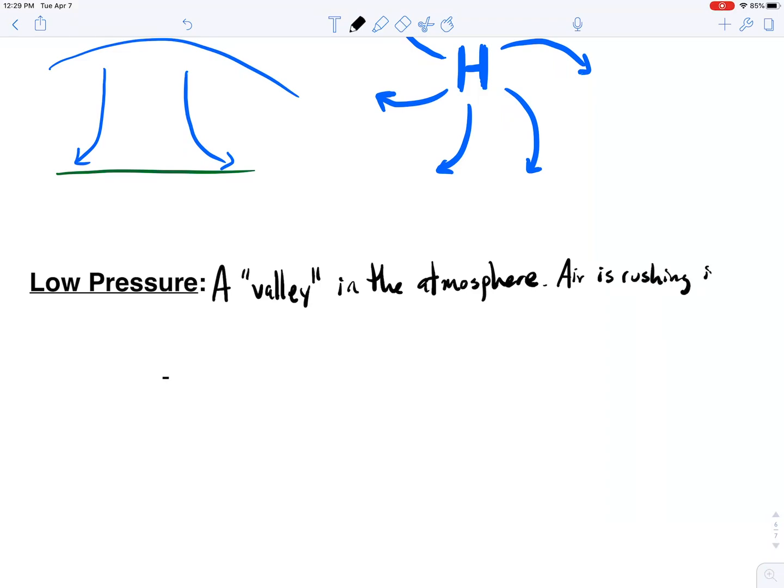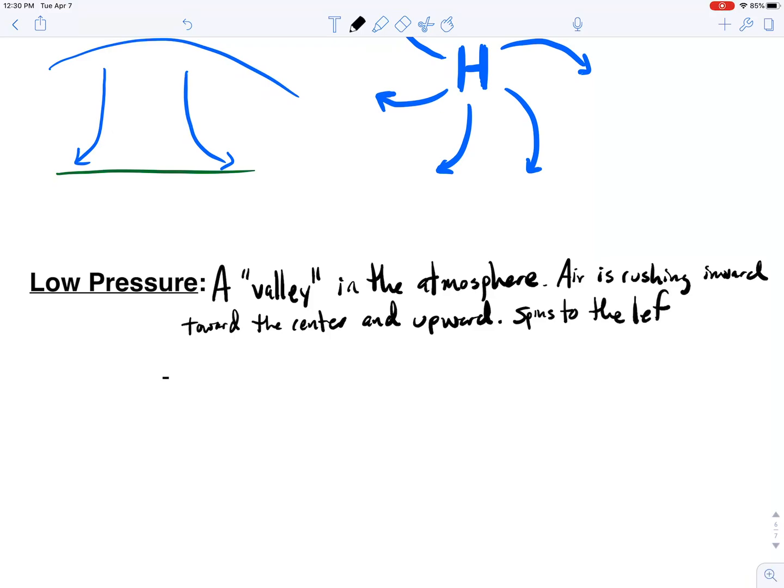And in a low pressure system, air is rushing inward toward the center and upward, and it spins to the left, which is opposite of high pressure.